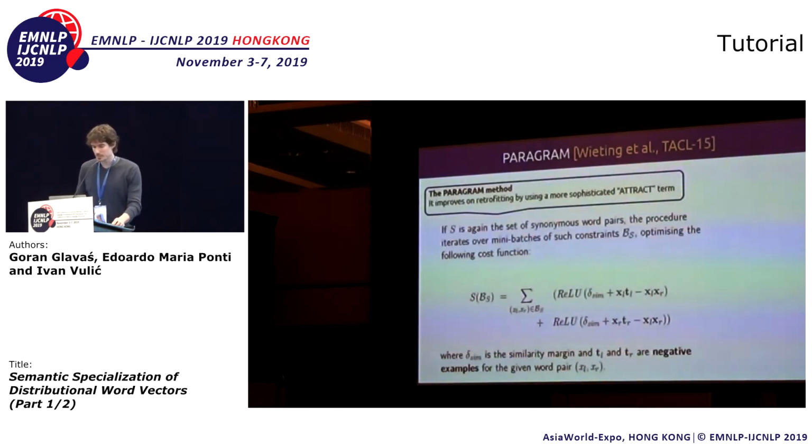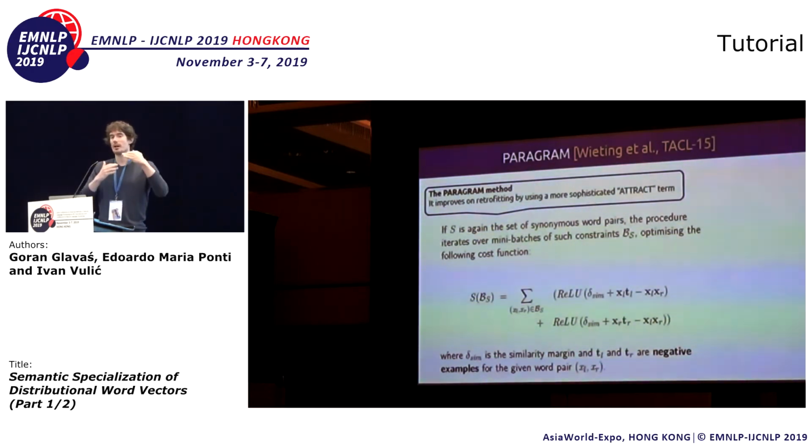Okay. Then another method which is really popular is the paragram method, where again the idea is exactly the same. You just want to drag words from your synonymic constraints closer together in the vector space. The only thing is that it's implemented in a different way. So the way you do it here is, you go over mini batches of constraints.